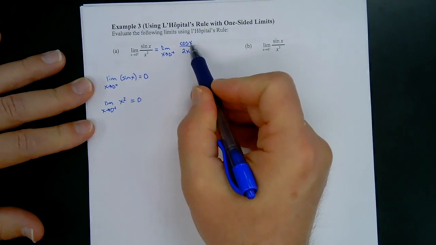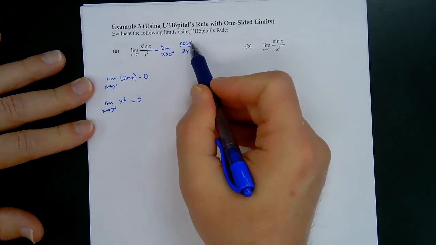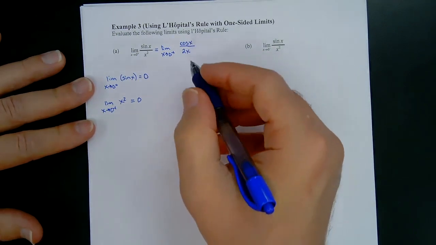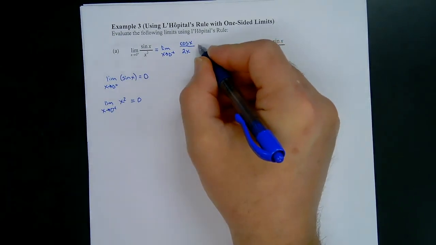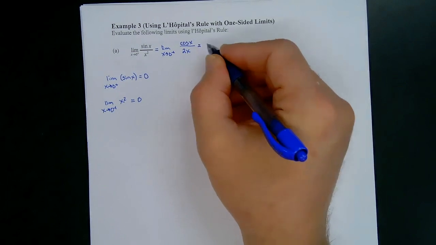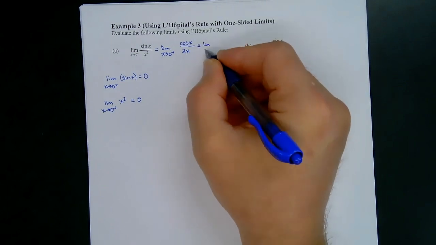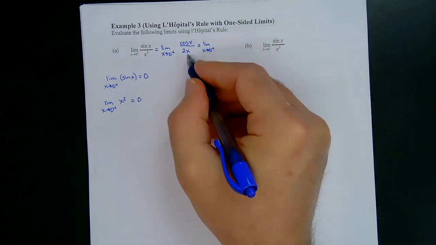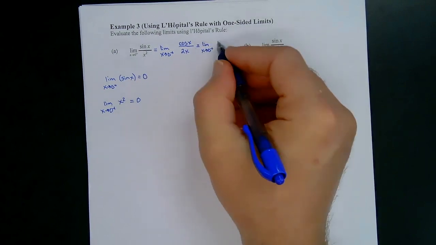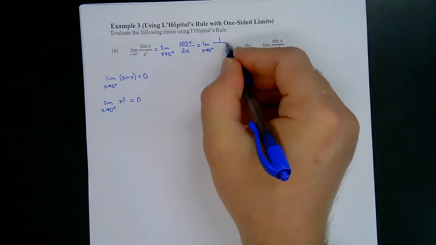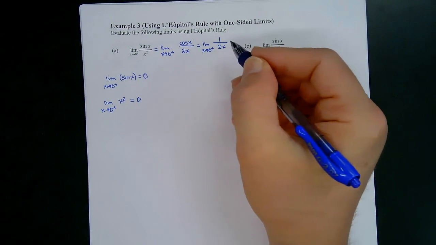Cosine of angle 0 would be +1. And so this becomes the limit as x approaches 0 from the right. Now, we can't plug this one in, right? Because this one's going to become 0, okay? But the top is going to become 1 over 2x.